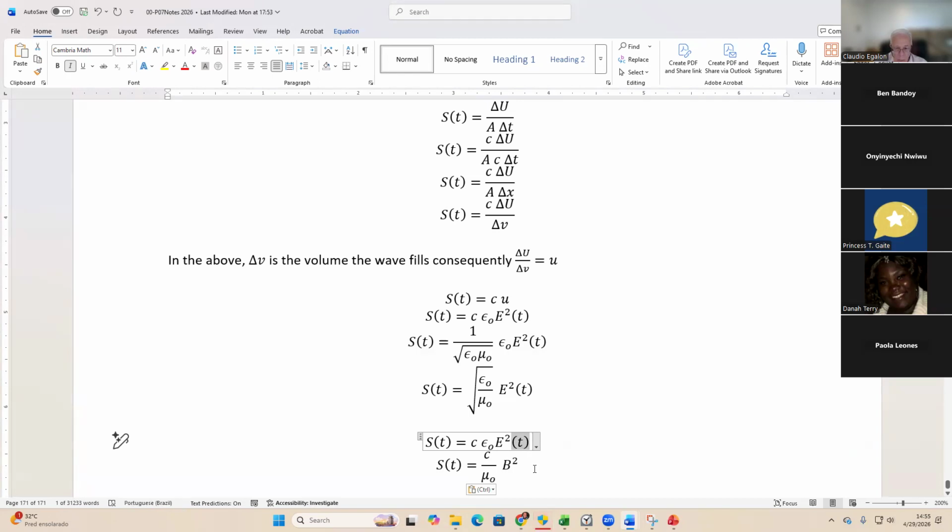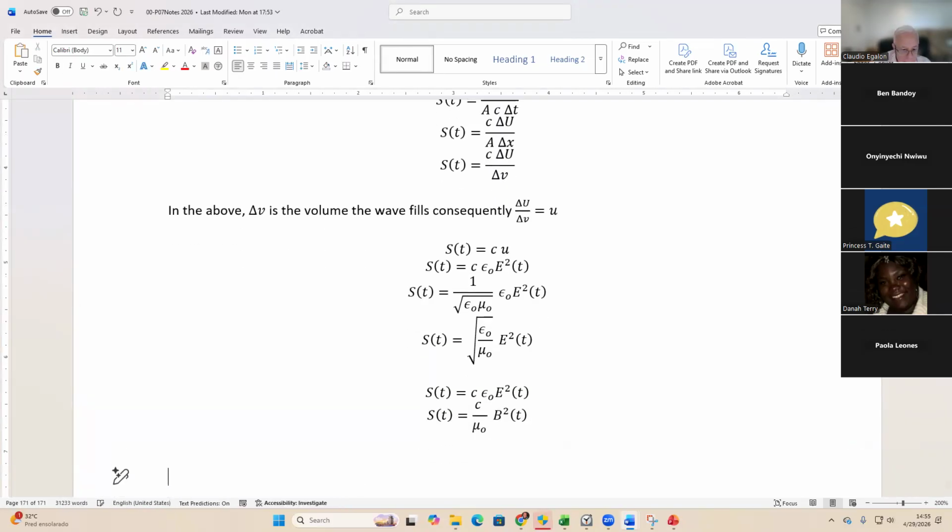Okay, we are almost there. And don't forget, that's the Poynting vector, the power per unit area. The Poynting vector represents the power per unit area of a given electromagnetic wave.